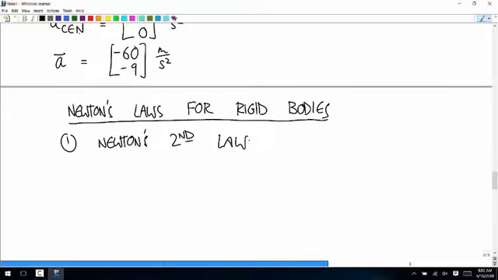Whoa. Paradigm shift, right? So what point are we talking about? Yes. Very good. Yes. So F net is equal to the mass of the object you isolate times the acceleration of its center of mass.